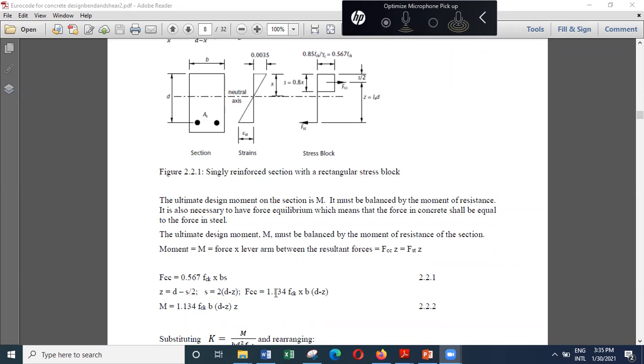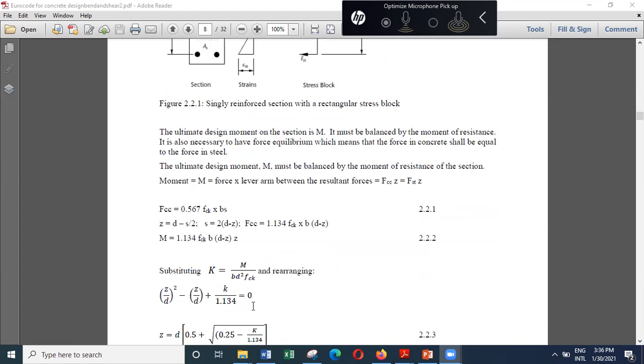So FCC is equal to 1.134 FCK, that is 0.567 multiplied by 2 is 1.134. Here S is twice D minus Z, so 0.567 multiplied by 2 FCK (D minus Z) multiplied by B. So that is the force. If you want to know the moment, you have to multiply the force by Z, and you will end up with this.